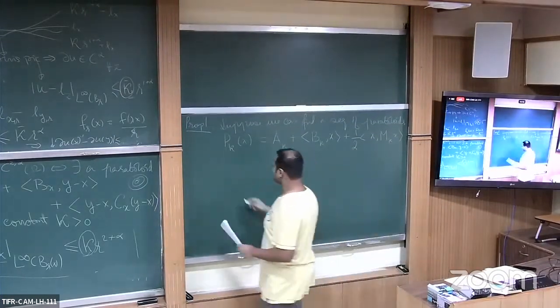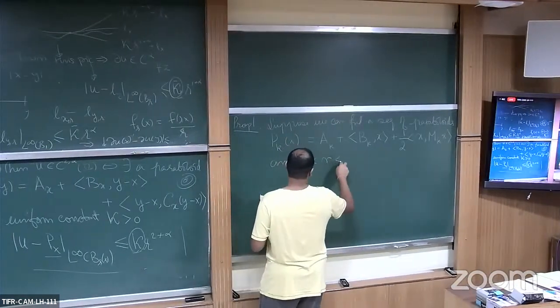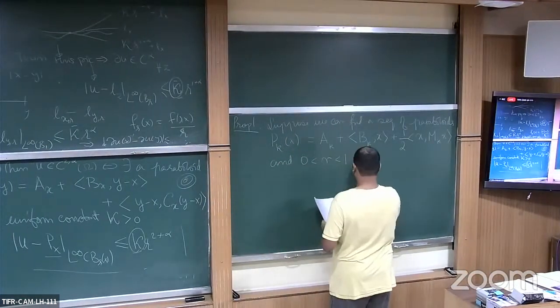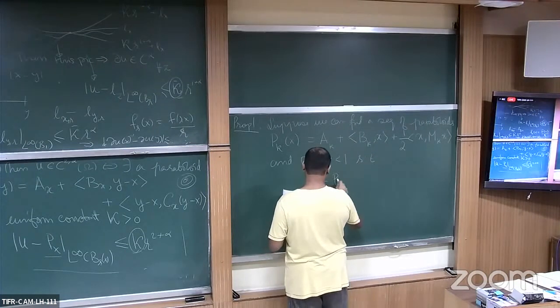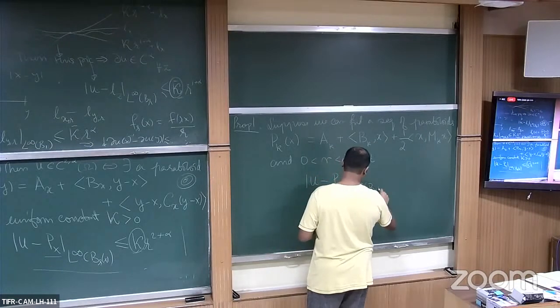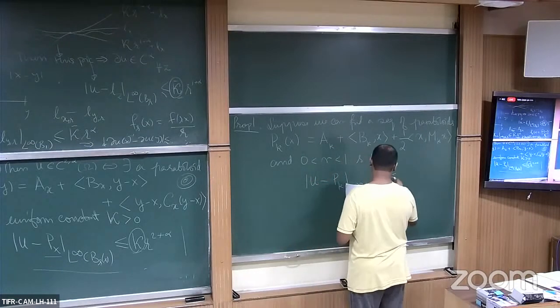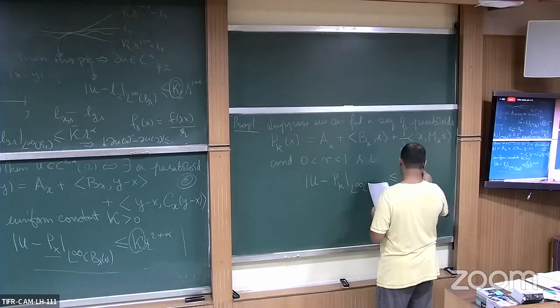Okay. And such that RG is equal to a uniform constant. Okay.